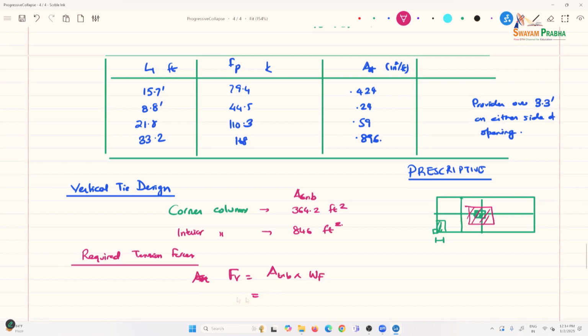For the corner you have 364.2 multiplied by 239.4, which comes to 87 kips, and the interior comes to 846 multiplied by 239.4, which is 202 kips.